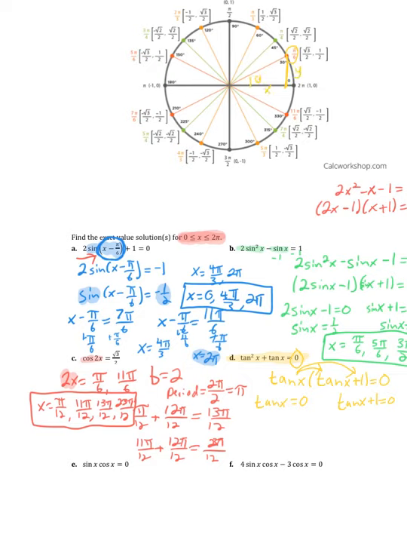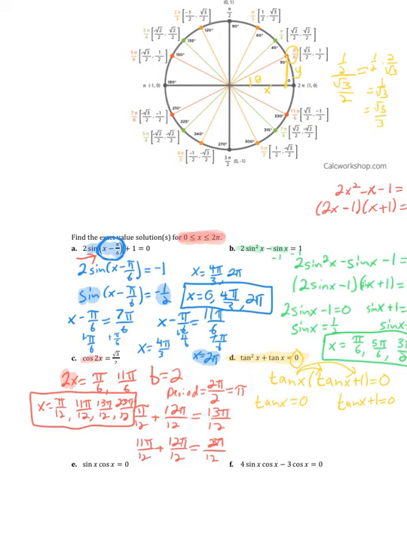So it's going to be 1/2 divided by root 3 over 2. If I did 1/2 divided by root 3 over 2, that's the same thing as 1/2 times 2 over root 3, which is 1 over root 3, which simplifies to root 3 over 3.